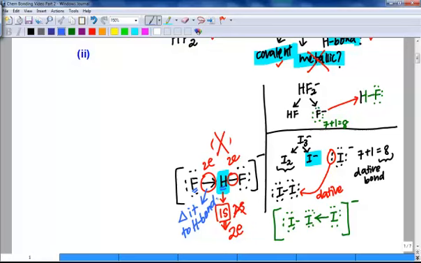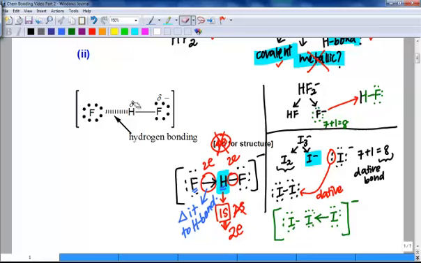Congrats if you have gotten it correct. So you should have this as your correct answer. You can compare it with the wrong answer: this one is wrong, and this is the correct one. You notice that I still have my H as the central atom, and I need to draw this as a hydrogen bond.